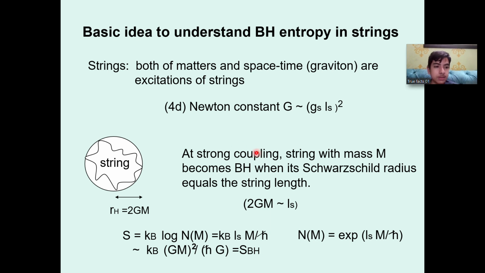At strong coupling, strings with mass M become a black hole when the Schwarzschild radius equals the string length, so 2GM is about l_s. So the entropy S equals k_B log n(M), which equals k_B l_s M by h bar, which is about k_B G M squared by h bar, which equals S_BH, and n(M) equals exponent of M by h bar.